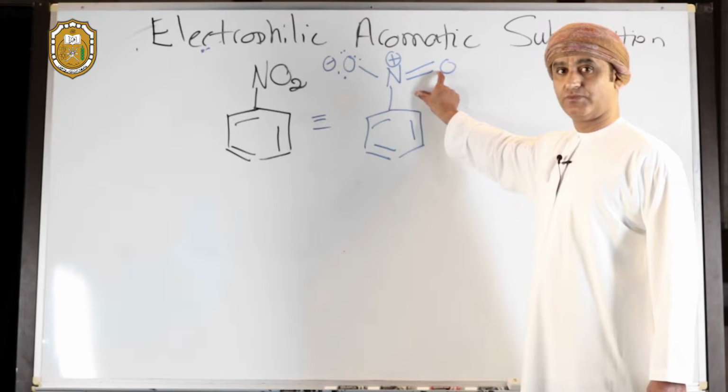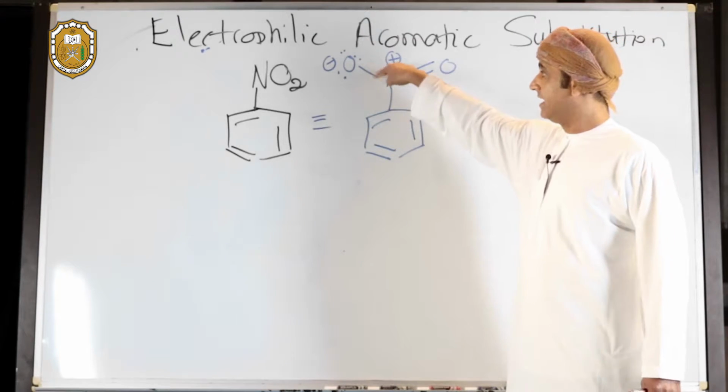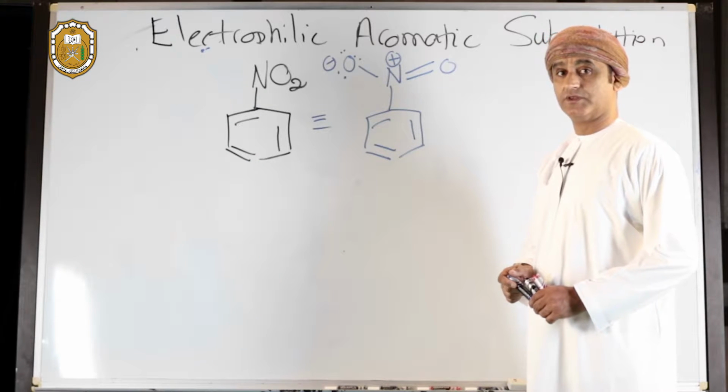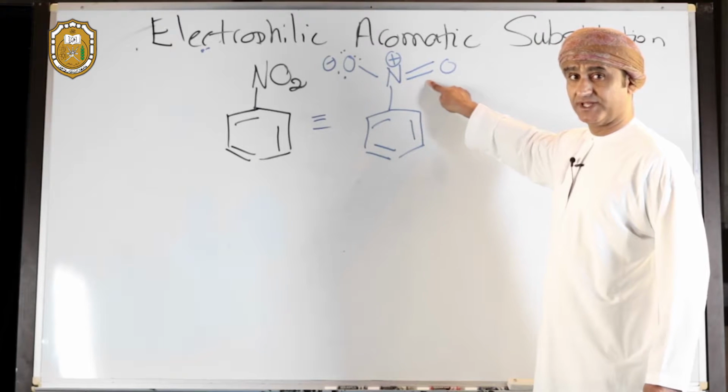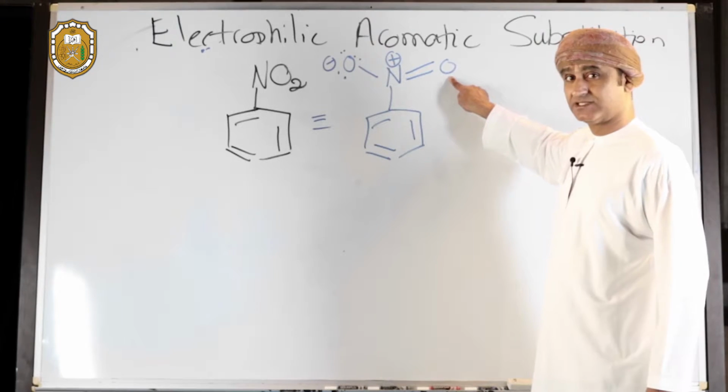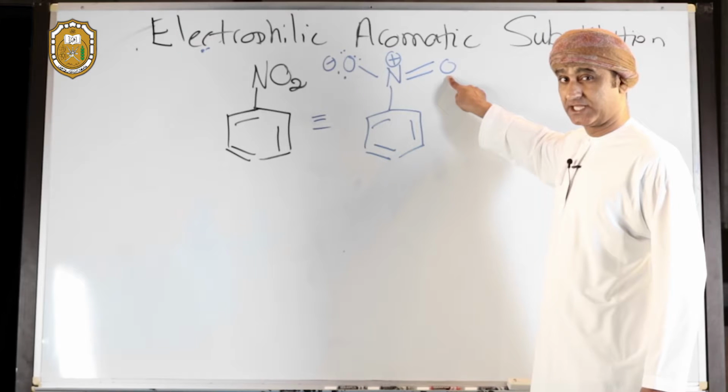Nitrogen has a double bond with oxygen in this case, and a single bond with oxygen. Now, if you notice, there is a double bond here, and of course, this is a heteroatom or an electronegative atom.